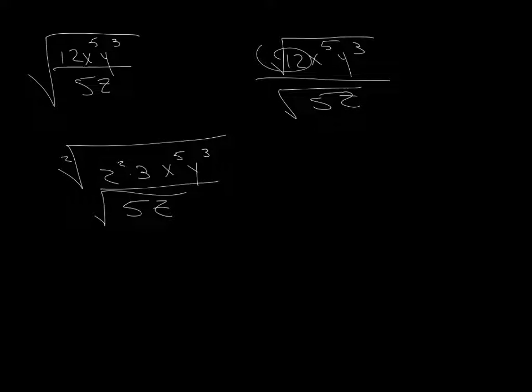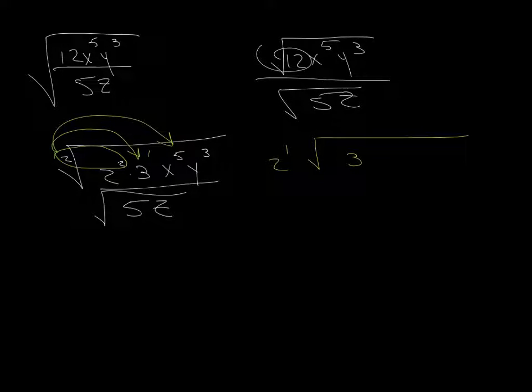So again, 2 goes into 2 one time, so I pull the 2 out, and I have a 1 up there. 2 goes into this one, none at all, so it's going to stay under the radical sign. 2 goes into 5 twice with 1 left over. 2 goes into 3 once with 1 left over.